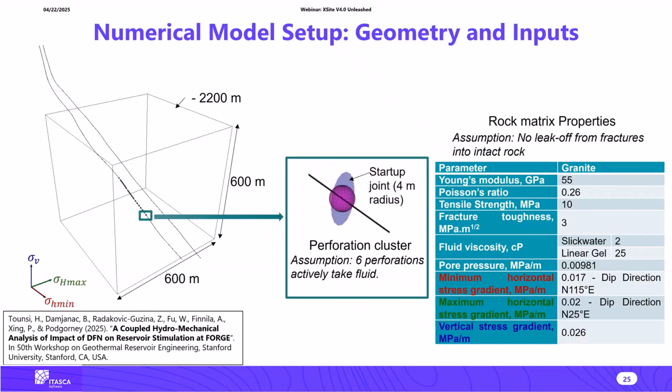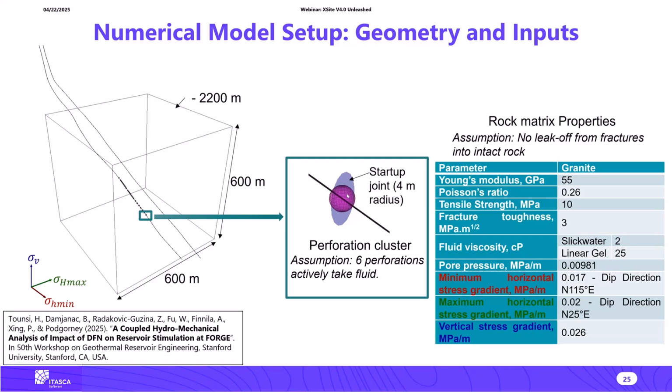Because of the different scale of the problem, we don't have the luxury and cannot represent all details of the well and perforation geometry. Instead, in these large-scale models, we assume that the fracture has already initiated, in the direction perpendicular to minimum principal stress.